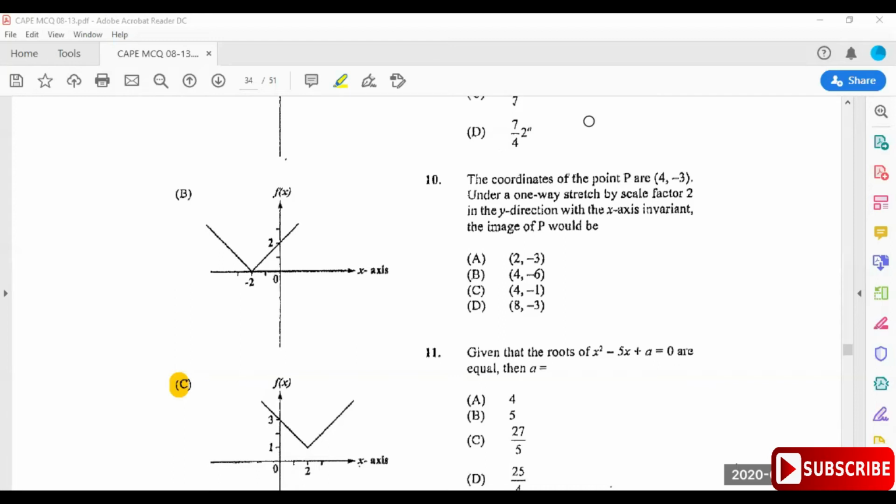X invariant means unchanged, and it says to find the image of P. So you can always draw a little sketch. It's always good to draw a sketch. So you have some point 4, -3. So when x is positive, that's over here. That's 4. -3 would be down here. So you can put that point right here and say this is a point P.